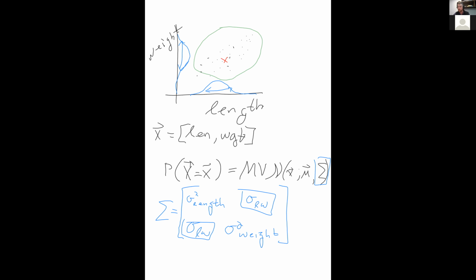If we just draw circles, it means that the probability density over weight doesn't depend on the probability density over length, which might be a bad assumption, but that's basically what we would be saying if we ignored these off diagonal terms.